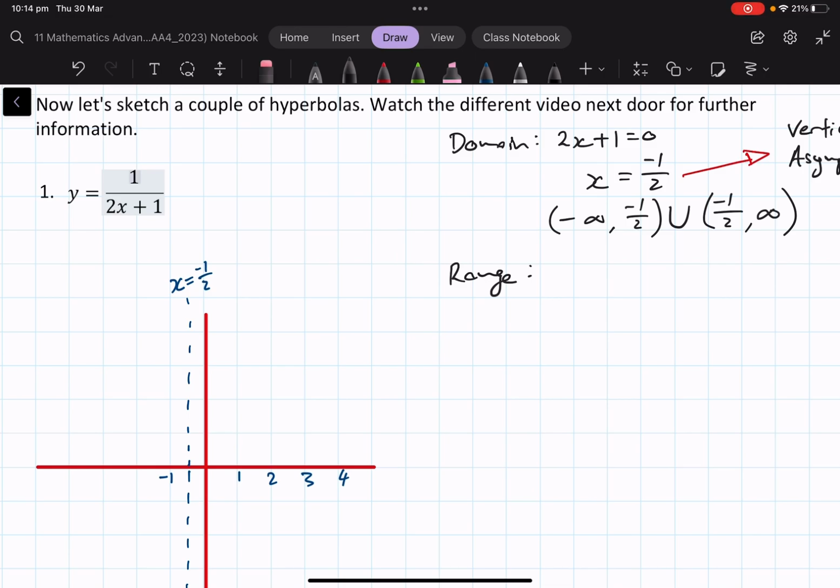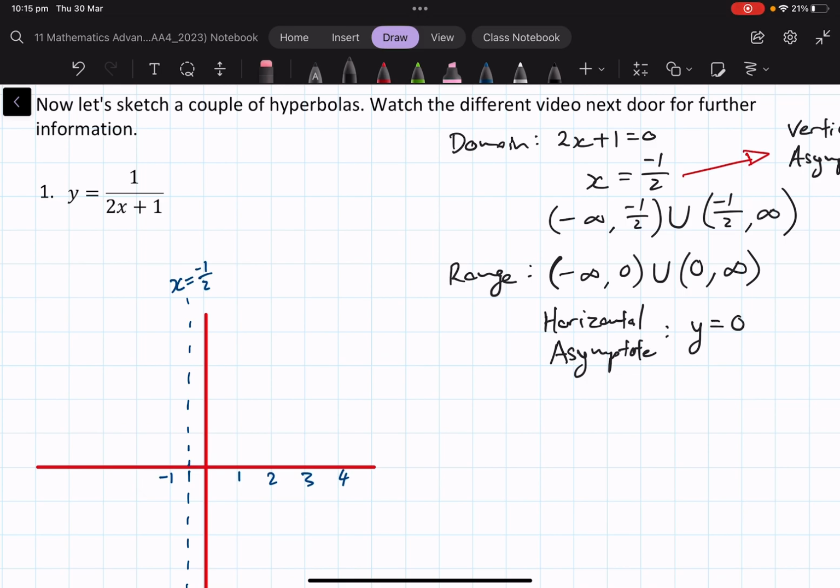The answer, of course, is no. So my range is negative infinity to 0, union with 0 to infinity. My horizontal asymptote, basically determined by the range, is y equals 0, and I'm also going to mark that in here.